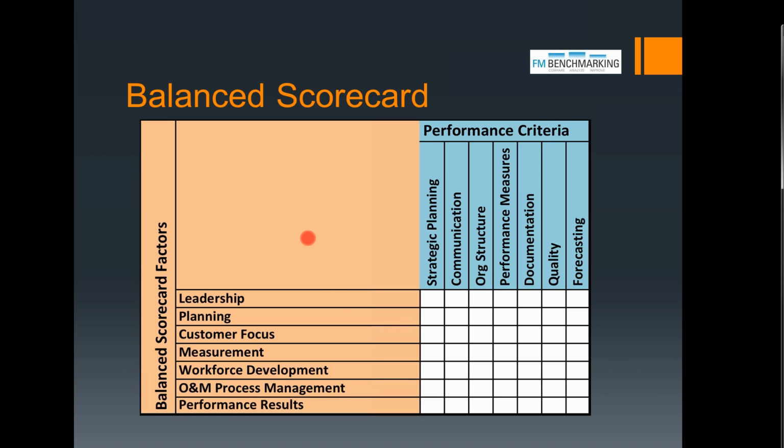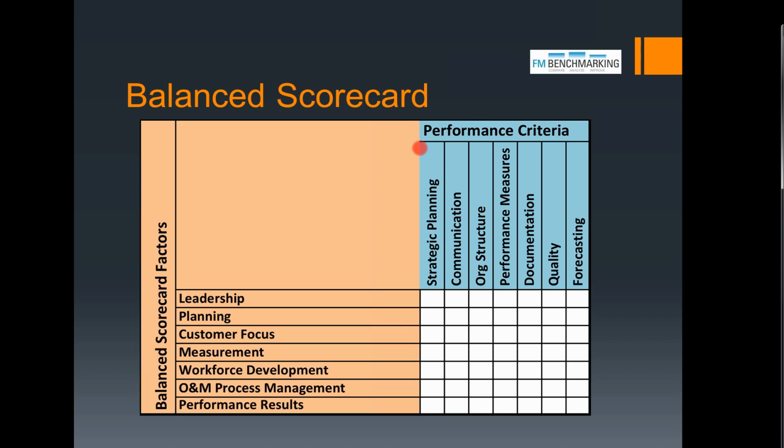I didn't really want to fill this with a whole series of X's in the white boxes because it would look like benchmarking is the end all to key aspect to end all. But so many of the things that you can do through benchmarking are critical and can contribute to those balanced scorecard factors.